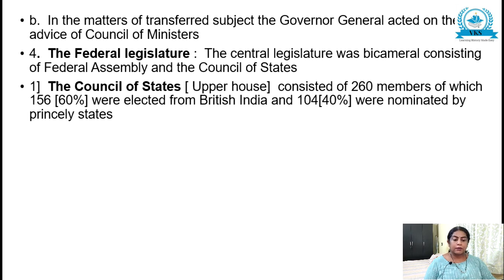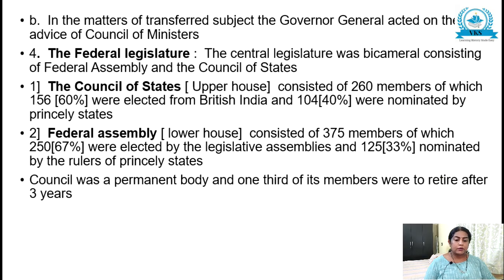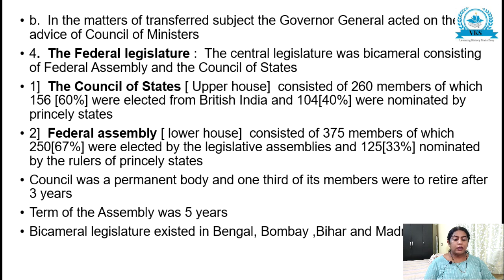The Council of States upper house consisted of 260 members, out of which 156 were elected from British India and 104 were nominated by princely states. The Federal Assembly lower house consisted of 375 members, of which 250 were elected by Legislative Assembly and 125 nominated by the rulers of princely states. The council was a permanent body and one-third of its members were to retire after 3 years. The term of the assembly was 5 years and bicameral legislature existed in Bombay, Bengal, Bihar and Madras.